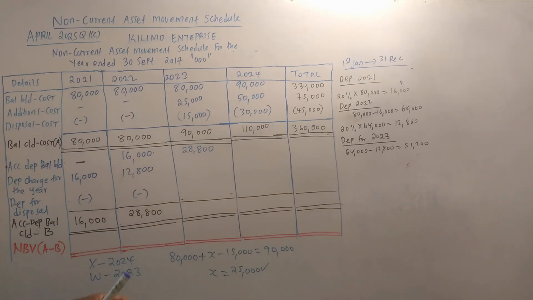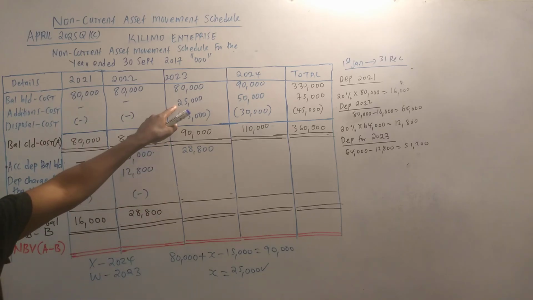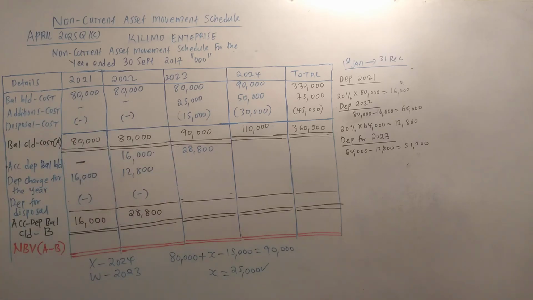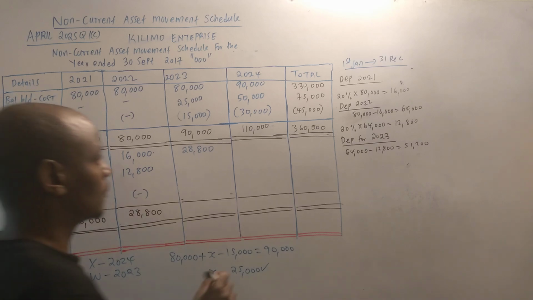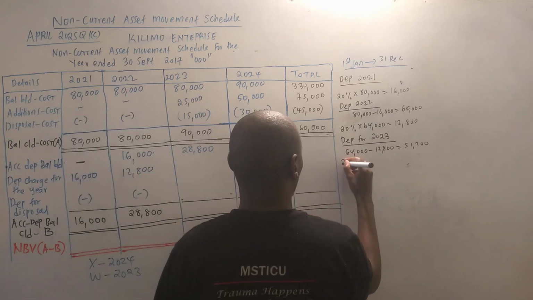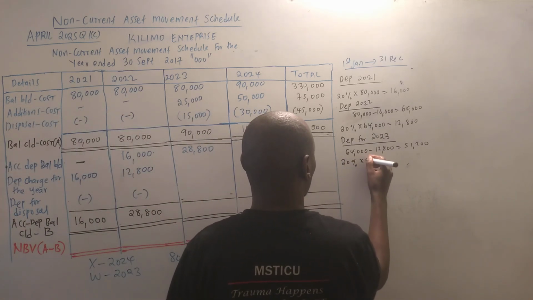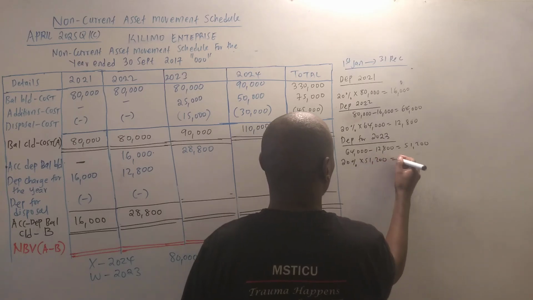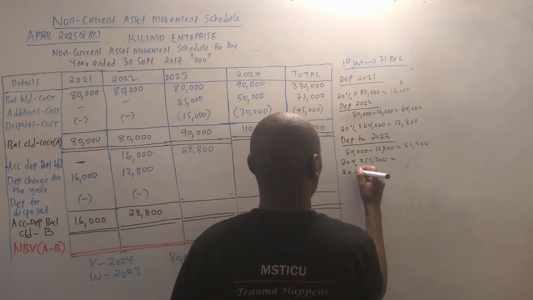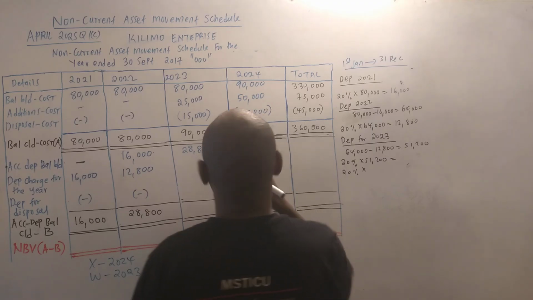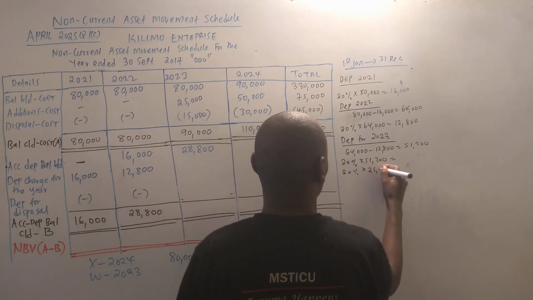But remember, there was an addition of 25,000. So we say 20% times 51,200, and also 20% times the addition of 25,000.